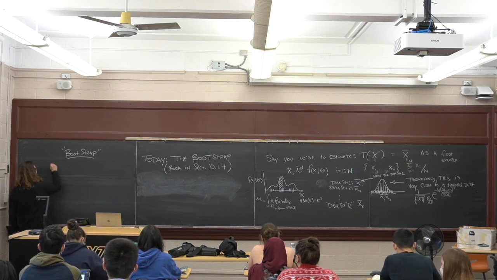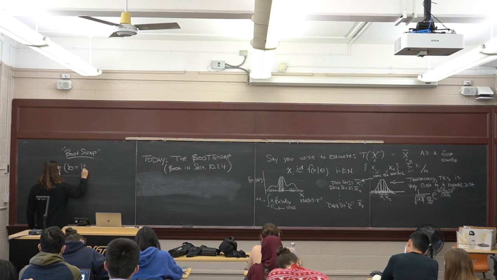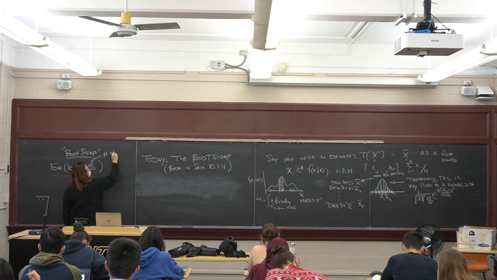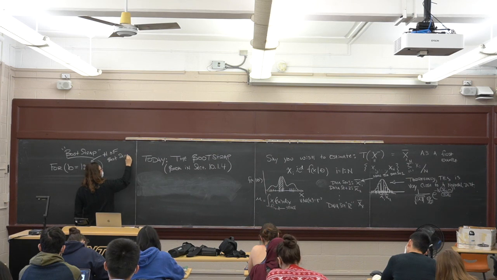So here's the bootstrap. It's an iterative algorithm. It's going to iterate capital B times. So I'm going to call this the number of bootstrap replicates.